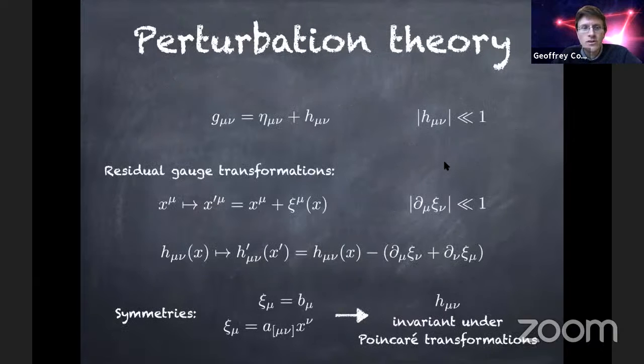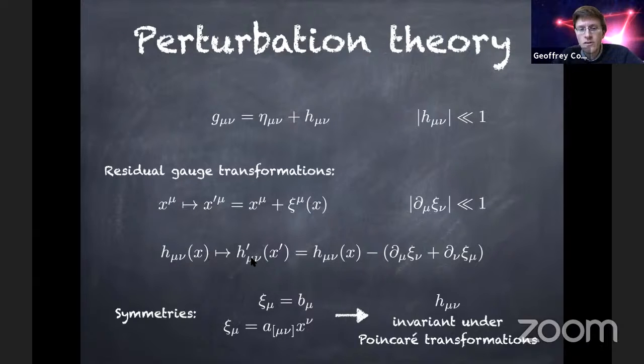So now let's start with perturbation theory. We imagine there is a coordinate system in which the metric is numerically given by the Minkowski metric in Cartesian coordinates plus very small numbers. So h is numerically smaller than 1, it's a small number. Then the residual gauge transformations that apply in this theory, such that h remains small, we can take any psi whose derivatives are less than 1.